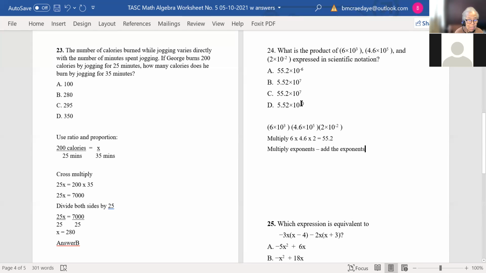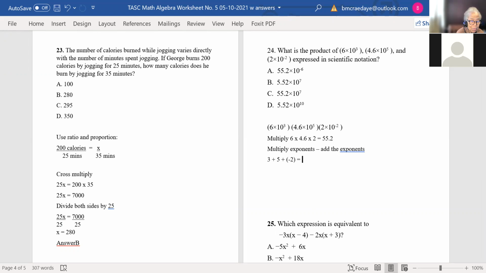Add the 3, the 5, and the minus 2. What does that give you? You're adding 3 and 5, that's 8, and plus that minus 2. What is that equal to? 10.